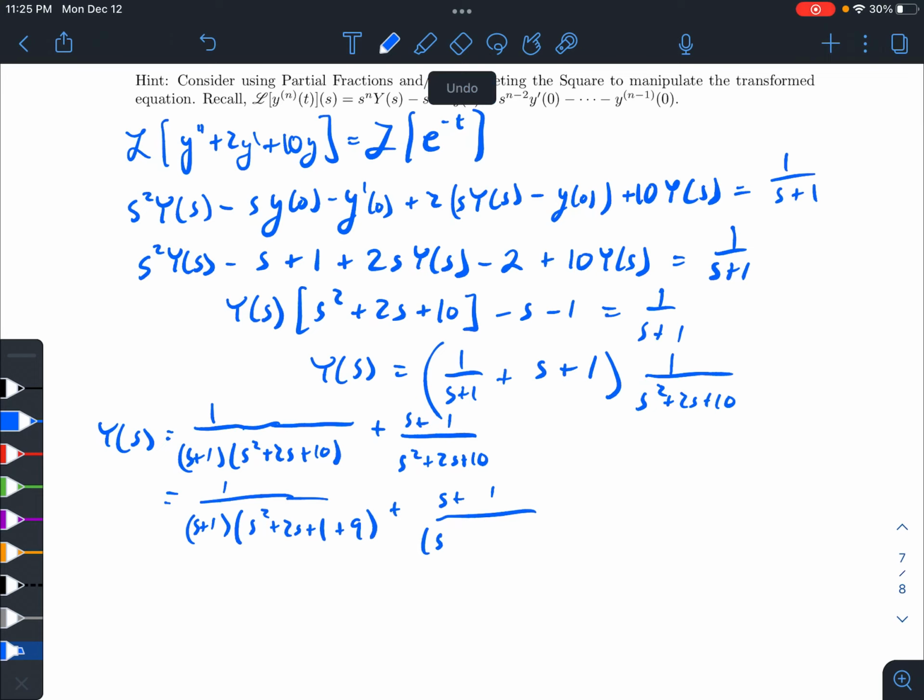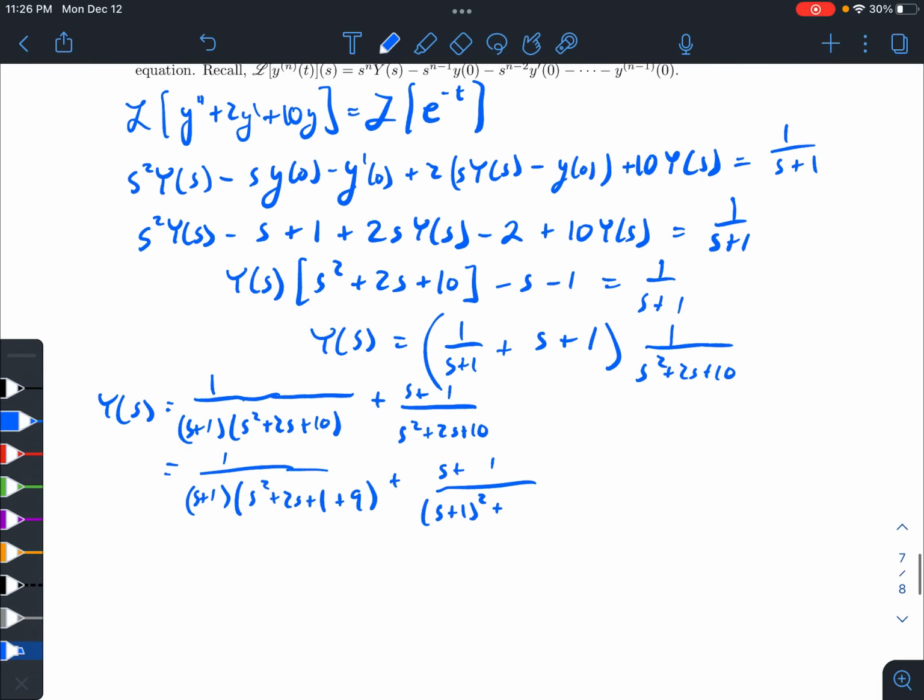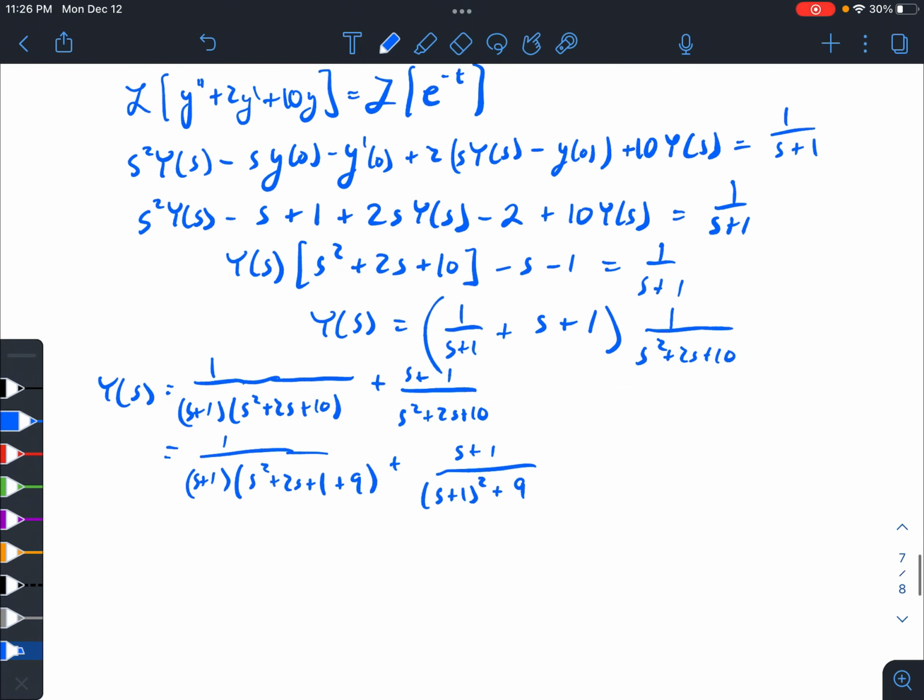I'll do that on this one as well. So this factors as s plus 1 squared plus 9, which is 3 squared. So this is s plus 1 squared plus 3 squared.